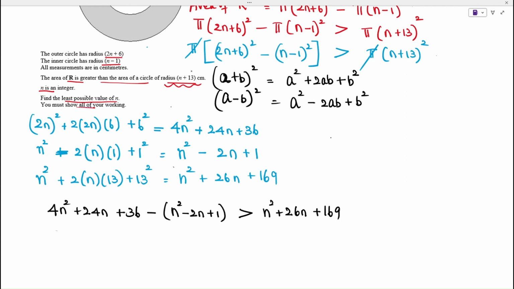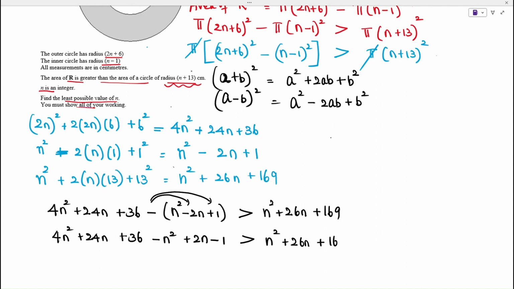So what we go to now is we have 4n² + 24n + 36. And now we're going to multiply everything in our brackets by −1. So we're left with −n² + 2n − 1. And this is greater than n² + 26n + 169.